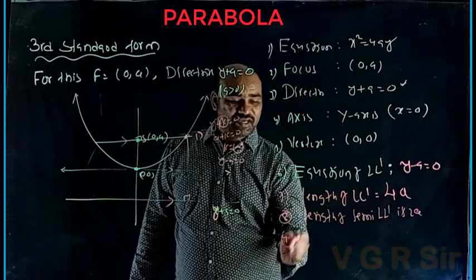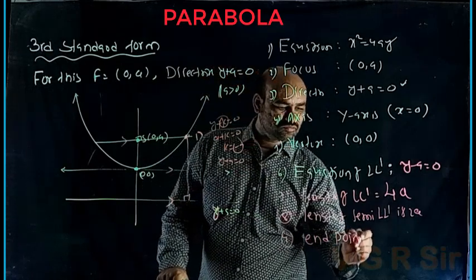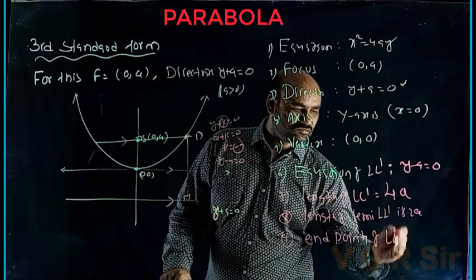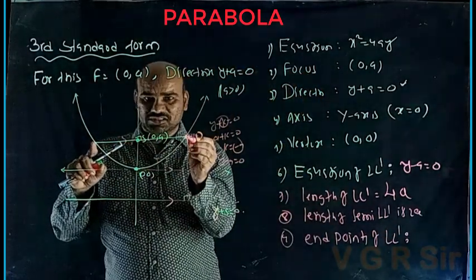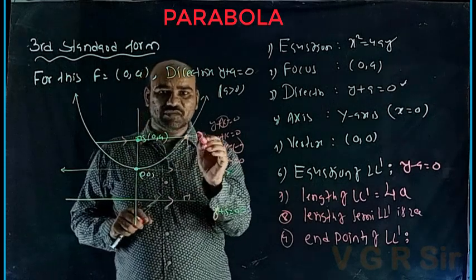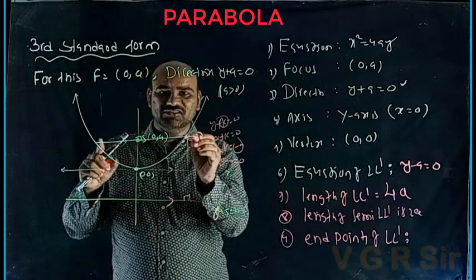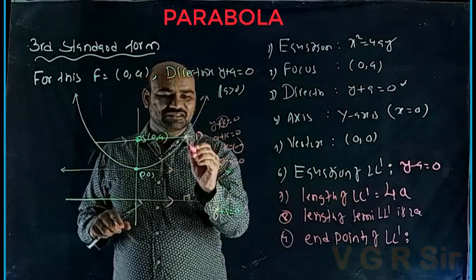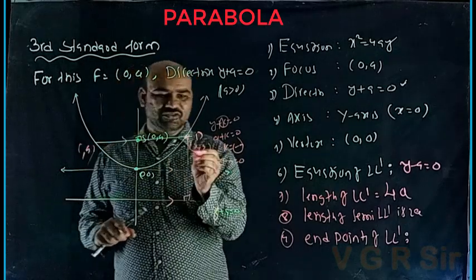Next, end points of latus rectum. This is a horizontal line, 0 comma a, every point on this line is something comma a, and this something we should find.